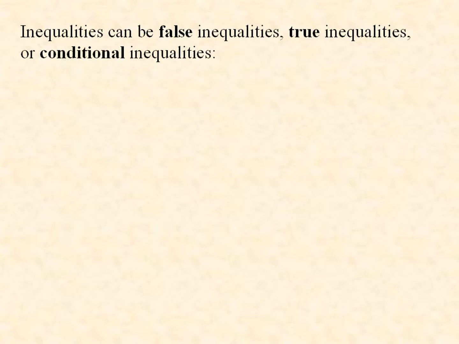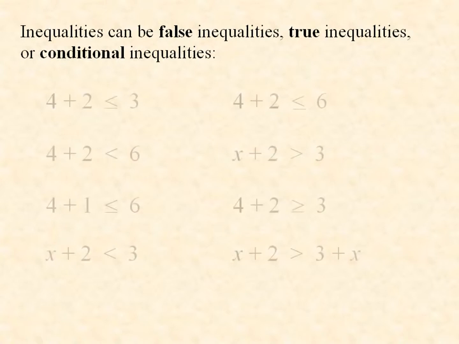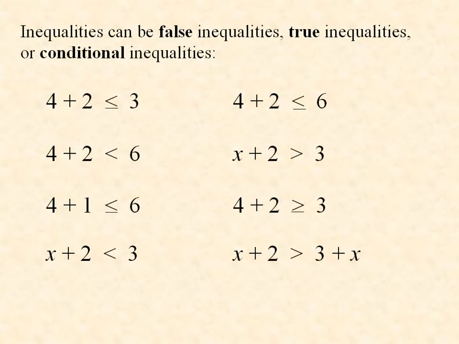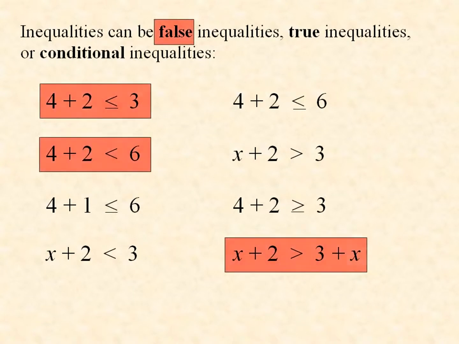Inequalities can be false inequalities, true inequalities, or conditional inequalities. In the following list, those highlighted in red are false inequalities. If we read from left to right, the first says 4 plus 2 is less than or equal to 3, and that's false because 6 is not less than or equal to 3.